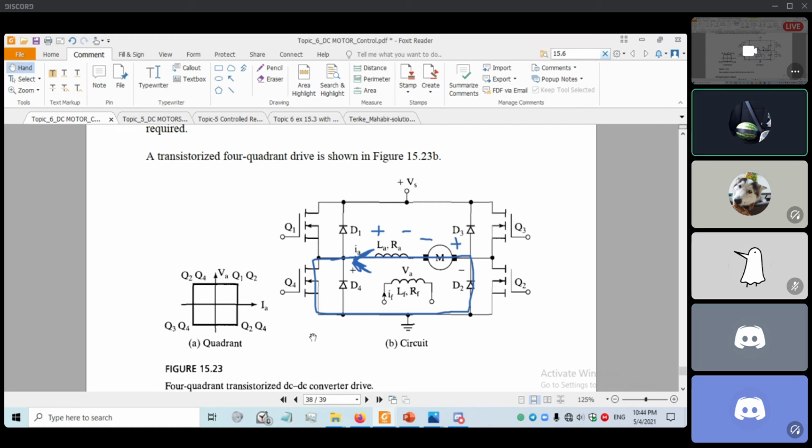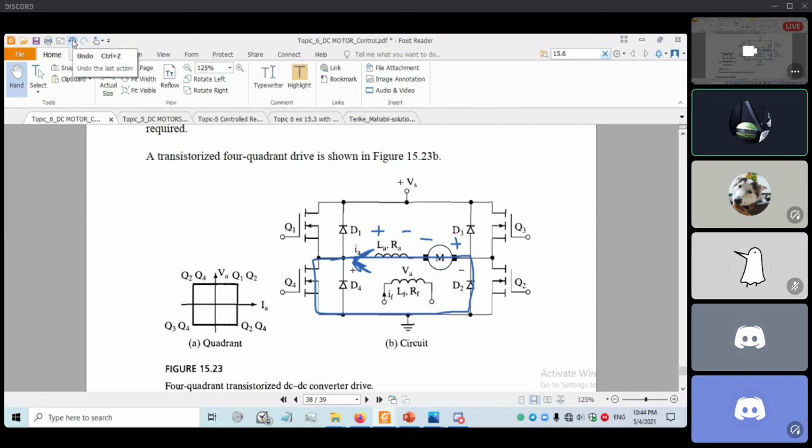And the same kind of thing applies for regeneration too. The first circuit state was kt, the next circuit state is 1 minus kt. The same for forward power control: first circuit state is kt, second circuit state is 1 minus kt. So that is it for reverse power control.